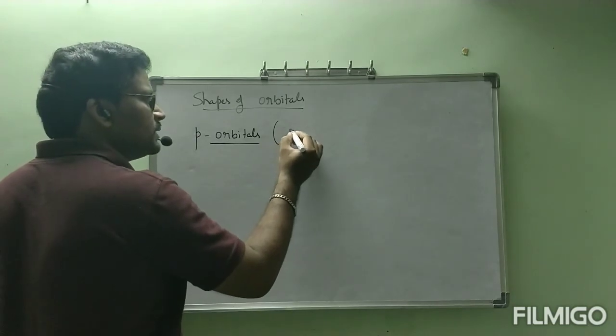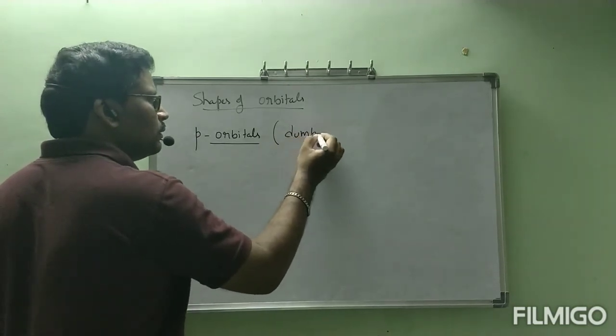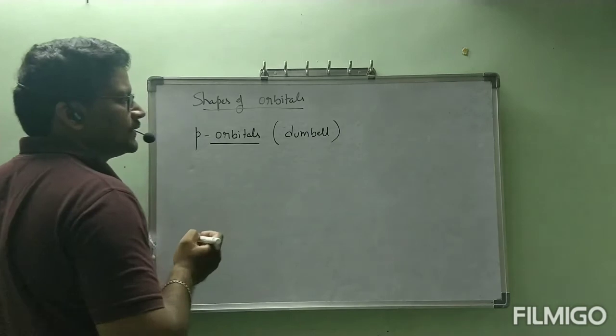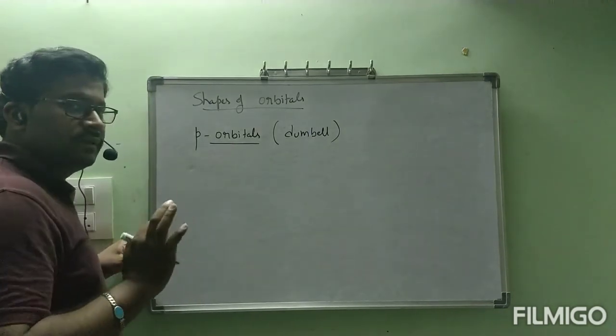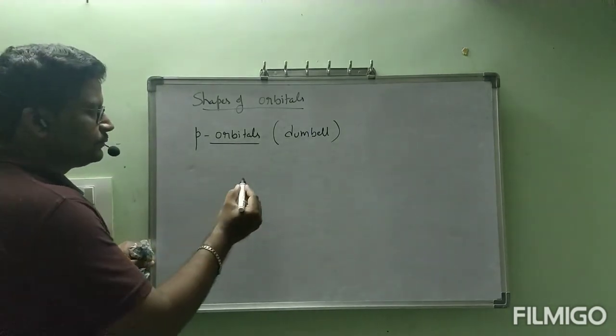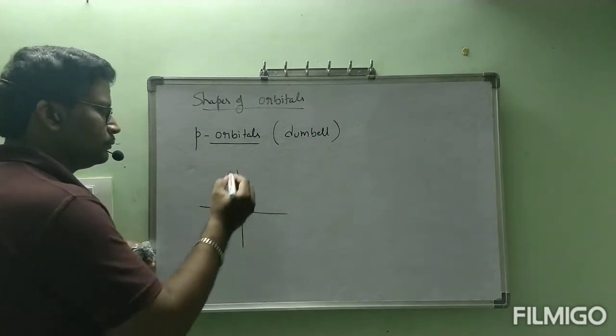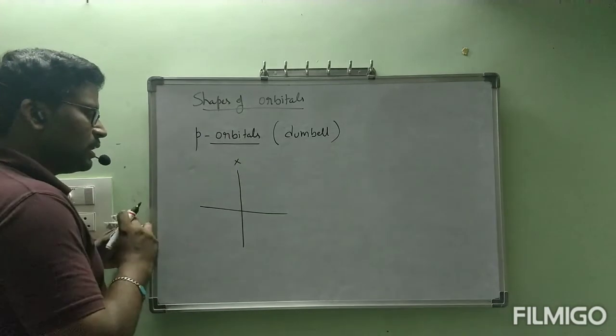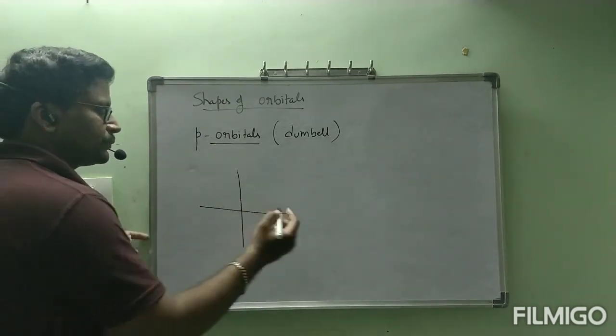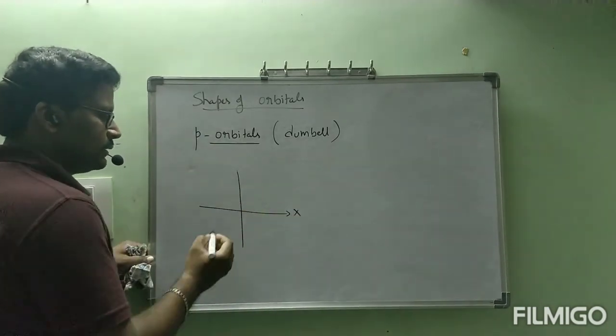P orbital shape is dumbbell. Three are there, na? Px, Py, Pz. This is x-axis.